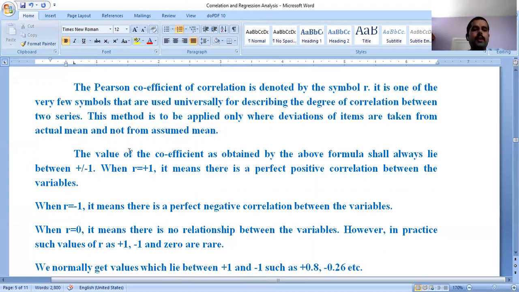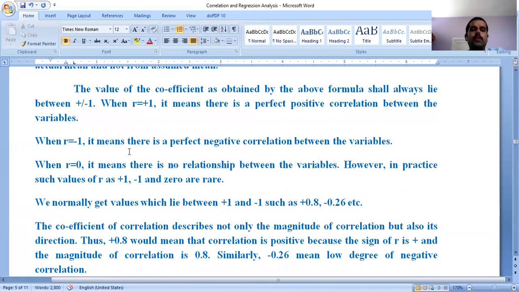The next, when r is equal to minus 1, it means there is a perfect negative correlation between the variables. After getting the value r equal to minus 1, you have to write a small interpretation that by observing the above problem, it is interpreted that there is a perfect negative correlation between the variables.